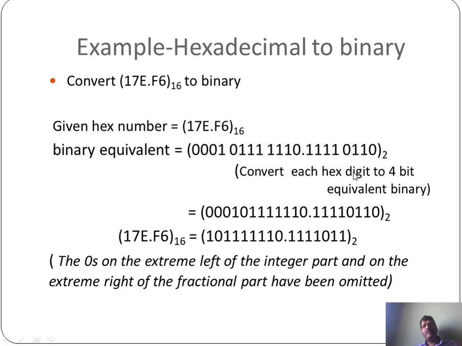So this is actually the final answer. You can delete the extreme left and extreme right zeros, as it will not change the value of the answer. So 17E.F6 hex is equal to 1011 1111 . 1111 011 binary.